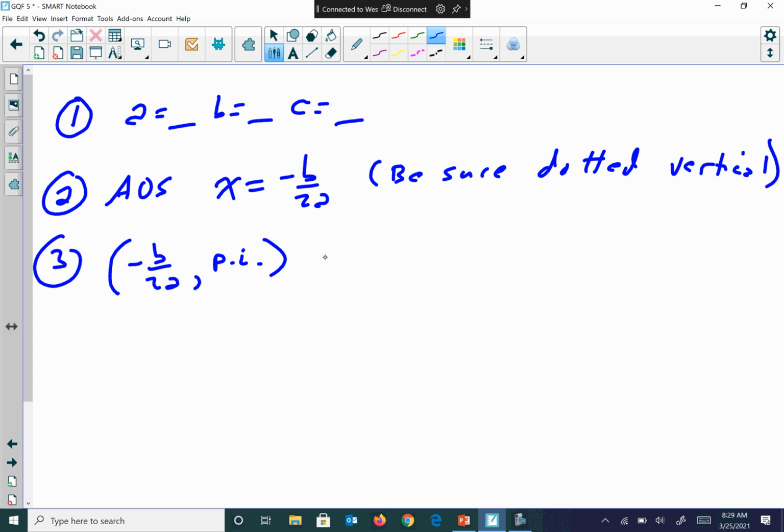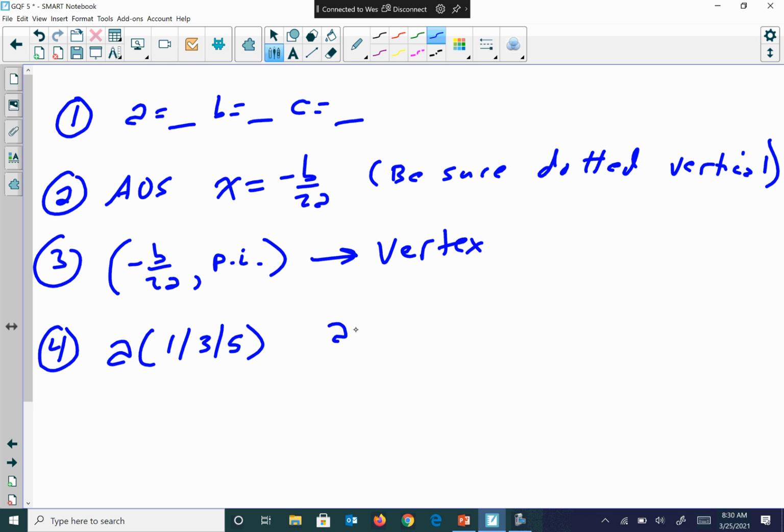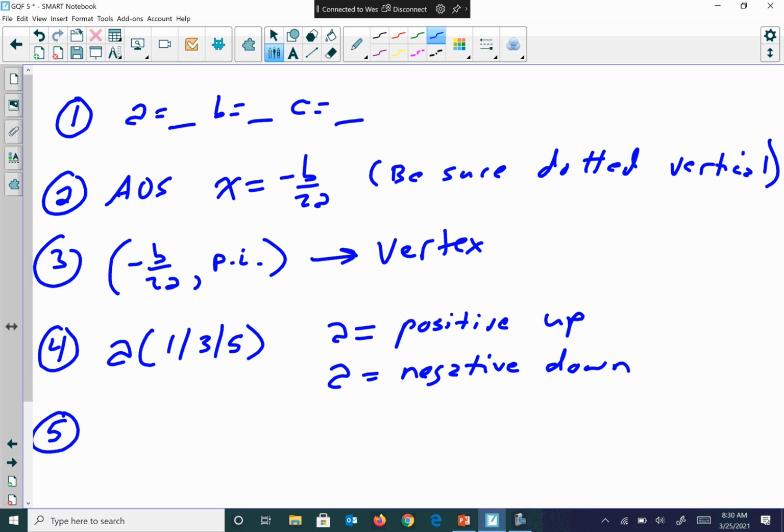So this would be to find the vertex. Fourth step is a times 1, 3, 5. If a equals a positive number, up. If a is equal to a negative number, down. And then fifth step, label points.